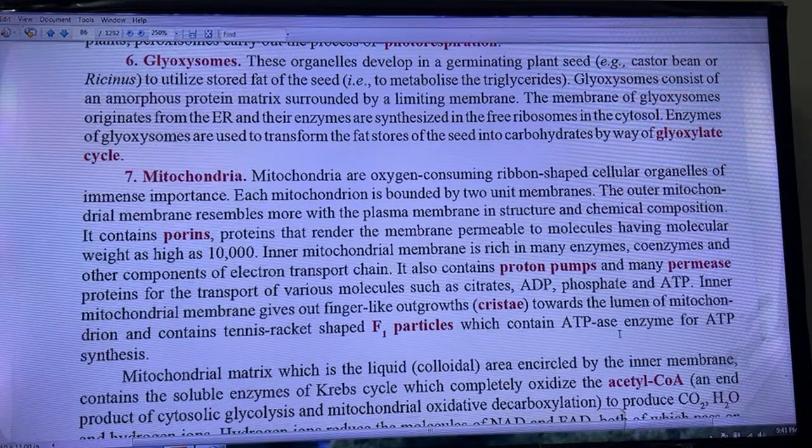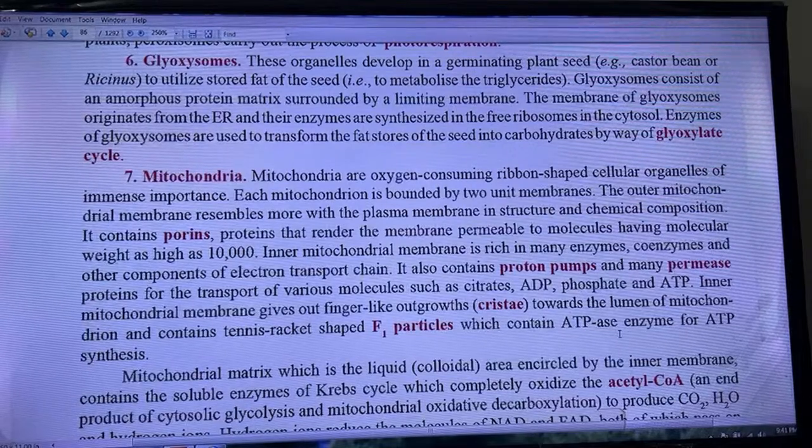The membrane of glyoxysomes originates from the endoplasmic reticulum, and their enzymes are synthesized in the free ribosomes in the cytosol. Enzymes of glyoxysomes are used to transform the fat stores of the seed into carbohydrates by way of the glyoxylate cycle.